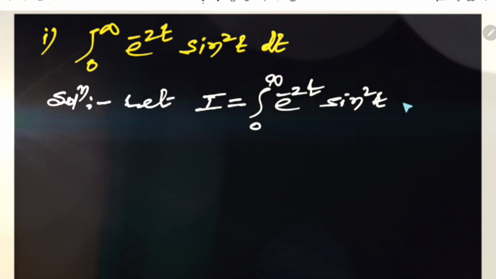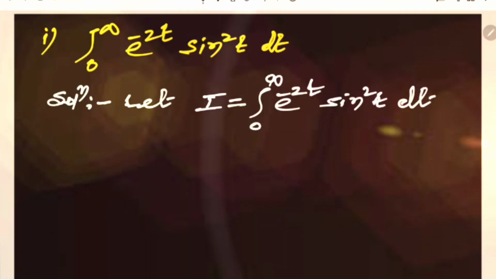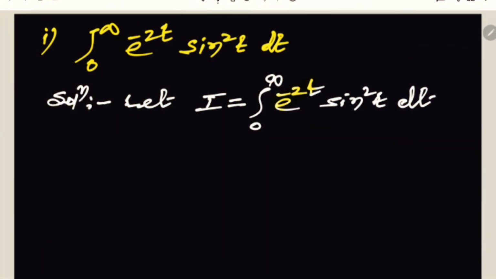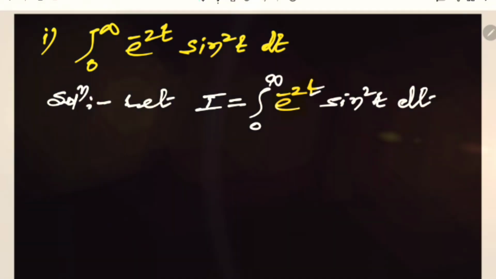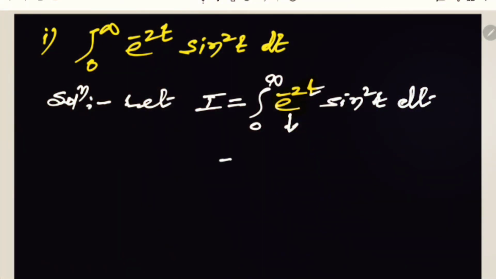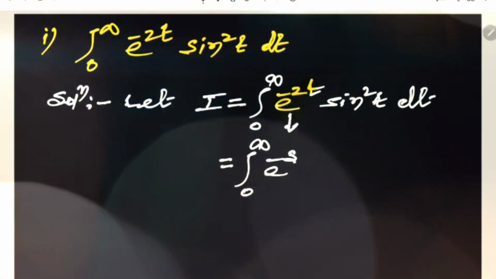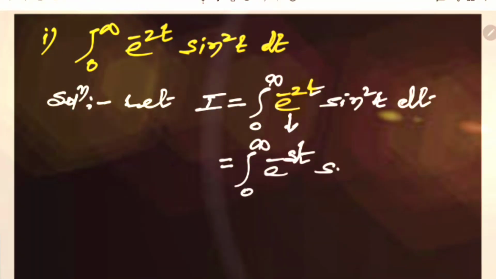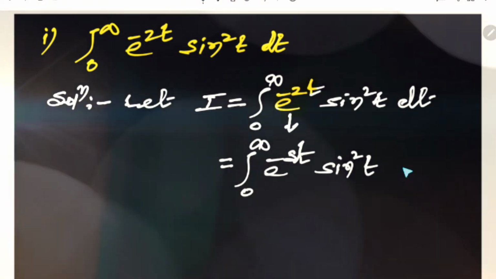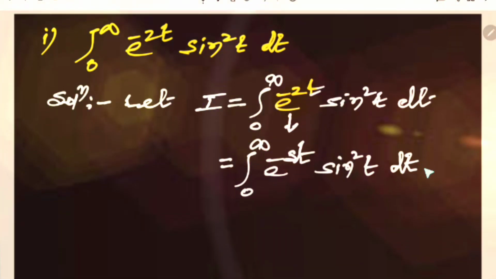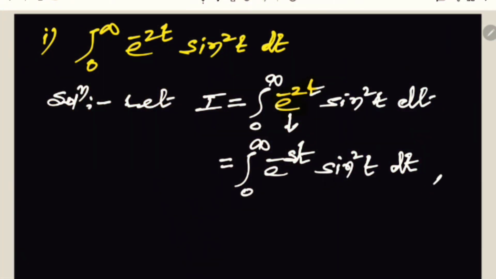When we substitute that value of s as 2, we get the original term e raised to minus 2t. First step, replacing e raised to minus 2t by e raised to minus st into sine square t as it is. I am mentioning the value of s. Here s must be 2.